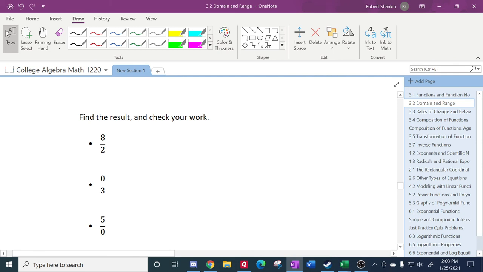That's what I'd like you all to do. All right. Let's go to these next ones. Find your result and check your work. There's a quick way to check your work in division. So let me give you a quick minute on these.